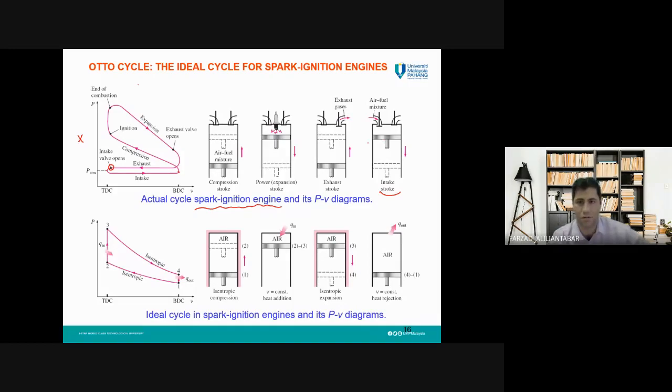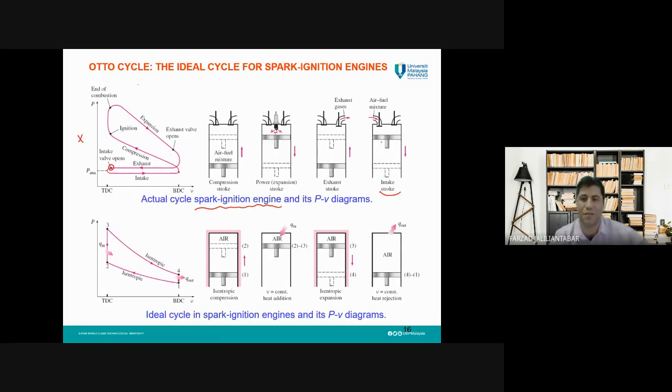Okay, so pressure you can see here is almost constant, because the piston goes down gradually, and air fuel mixture comes into the cylinder gradually. So we can say that pressure during the intake stroke is like this.